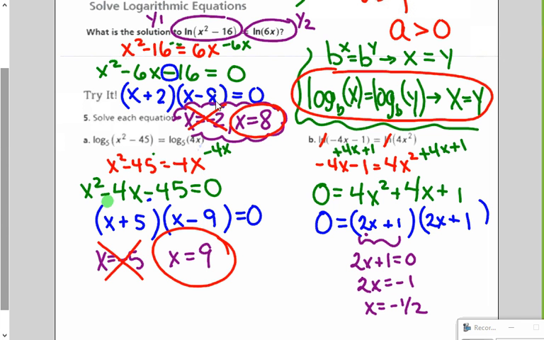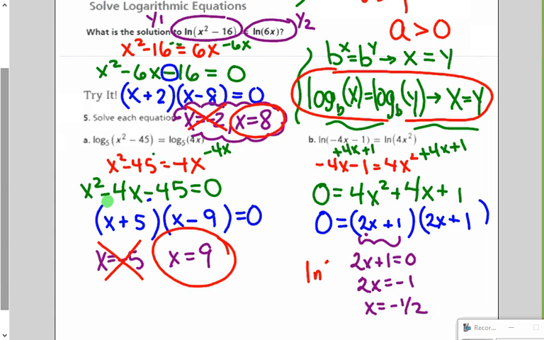That's a good answer. And I like how they have this last problem here, because -1/2 might lead you to believe that, oh, it's got to be extraneous because it's negative. Well, it's actually not extraneous, because when you square a -1/2, you get positive 1/4. 1/4 times 4 is 1.